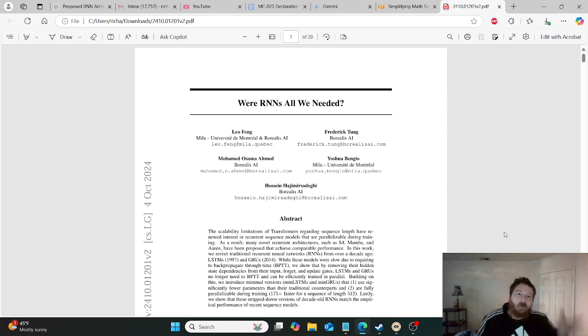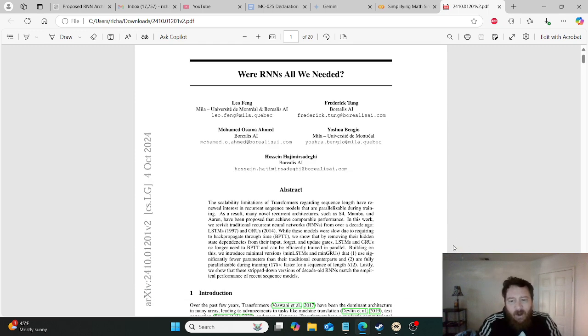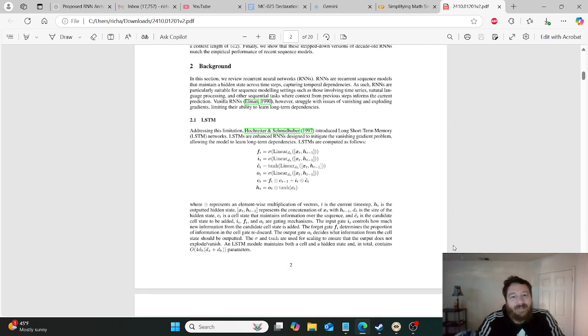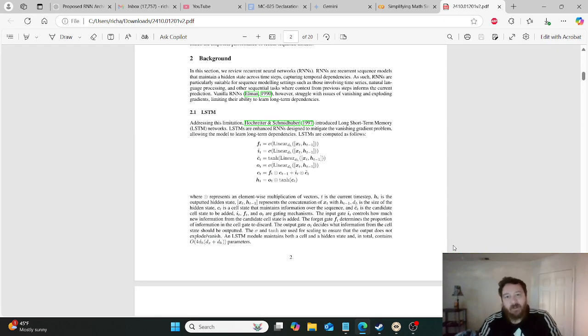So in this paper, "Were RNNs All We Needed?", which was published on October 4th, 2024, they outline a lot of math. This paper is very math oriented, which is why I assume most people would not be interested in diving into its inner workings. But it's very simple if you understand the math they're talking about.